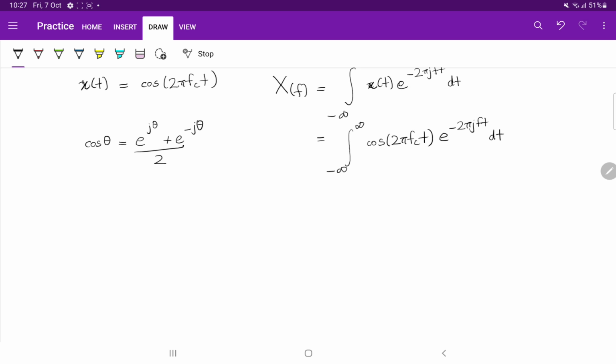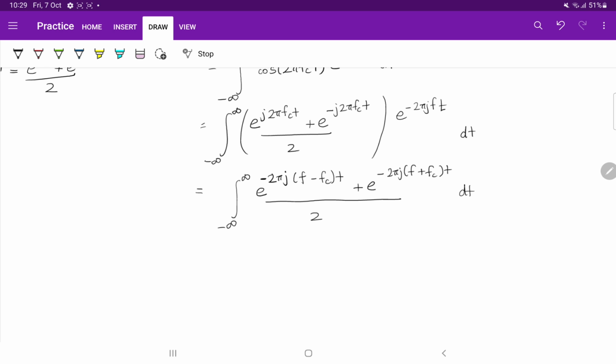In our previous video, we learned that cos theta is equal to e to the power j theta plus e to the power minus j theta, divided by 2. So here also we are going to write it in that manner so that we can easily work out the integration of this part.